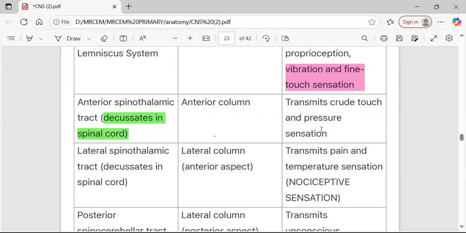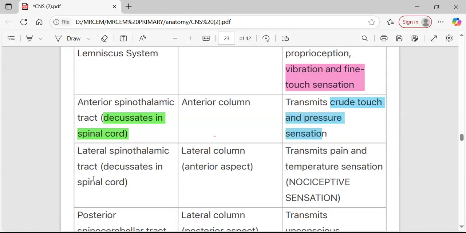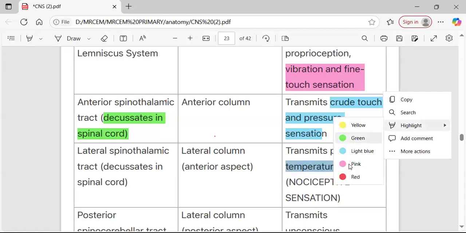Always remember, if there is an issue in the left spinothalamic tract, there will be involvement of the right-sided crude touch and temperature sensation. So you must remember it. The lateral spinothalamic tract decussates in the spinal cord, so the lateral column transmits pain and temperature sensation, always on the opposite side.